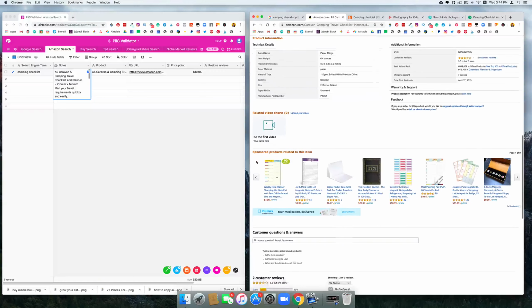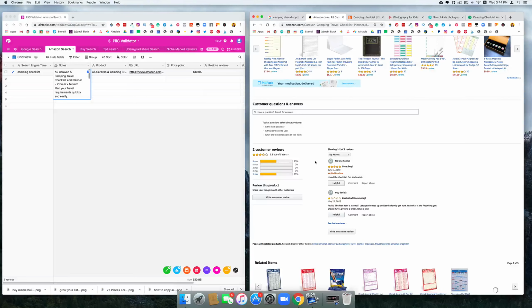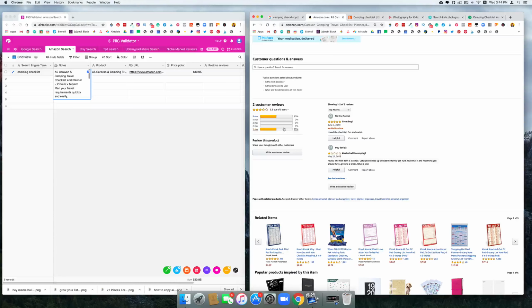It's not like I'm going to sell it or anything or copy it. All right, top reviews. It's only got 2 anyway. Love the checklist, fun and useful. So that's nice. Didn't say why they loved it so much. And a 1-star review, so this is going to be good.